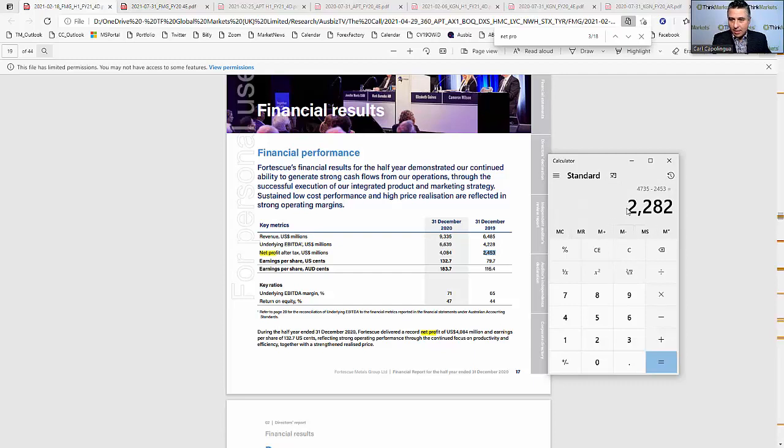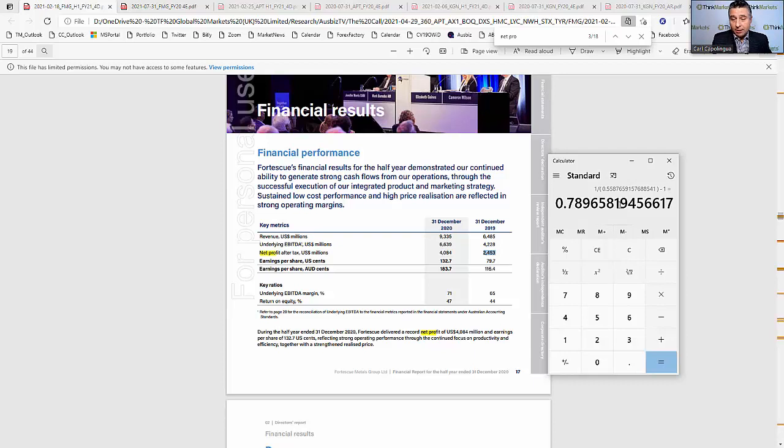We can then divide that by 0.75 to put it into Australian dollars, and we can get a growth rate from the current half, which, if you remember, was about $5.4 billion, by simply dividing that into the memory recall, hitting enter, and taking the inverse of that, which is 78% growth in net profit after tax.